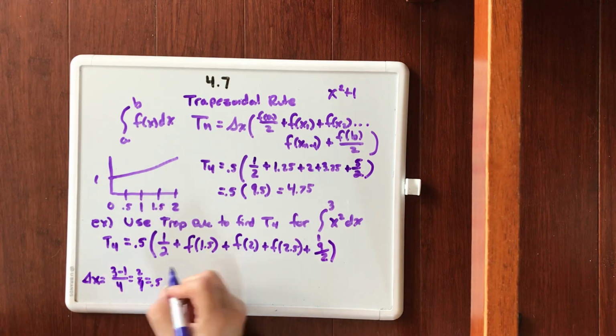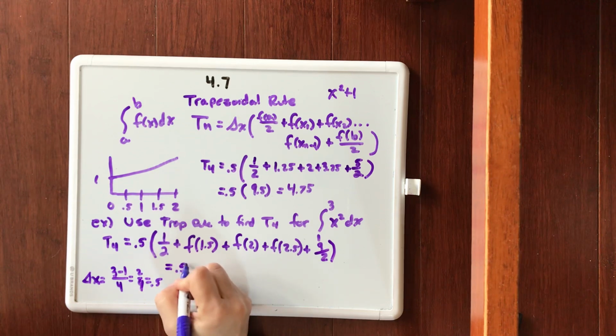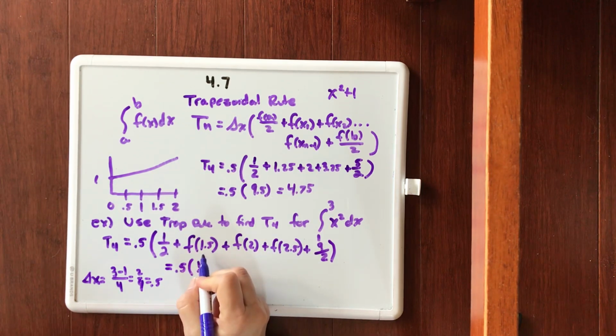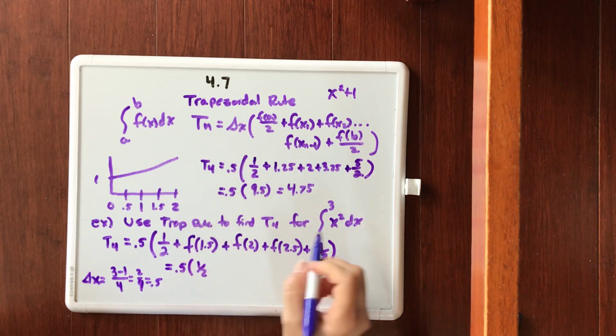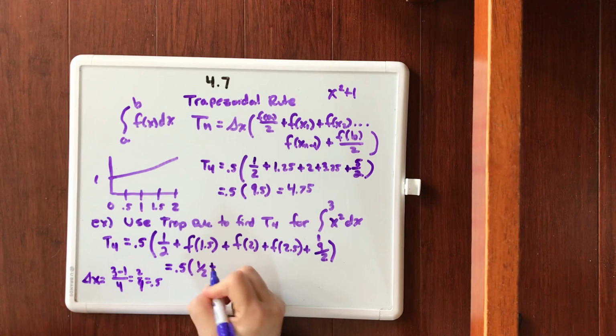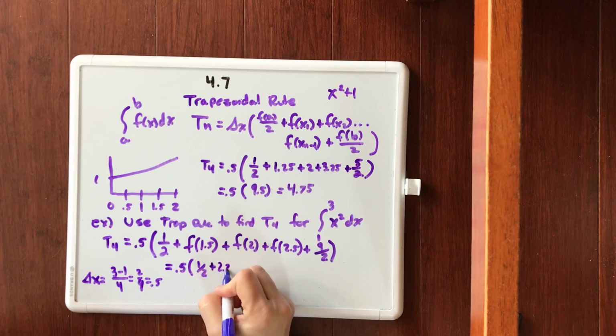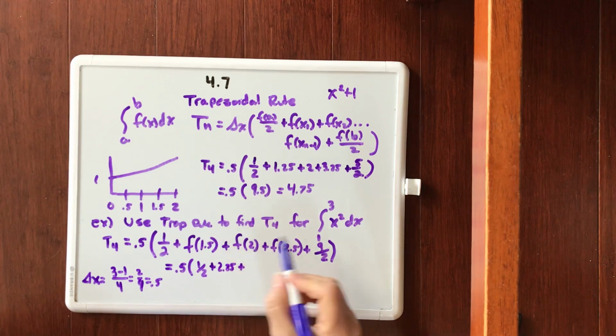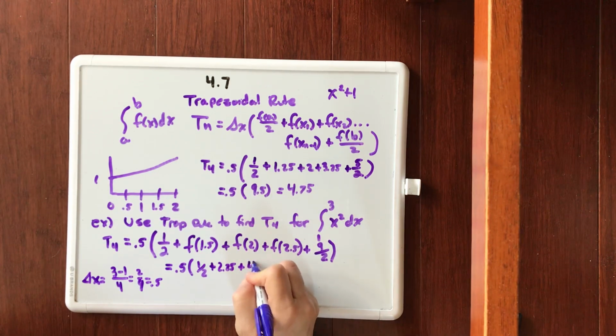Okay? So let's continue with this problem. We have 1/2 f of 1.5. We would put 1.5 in there and square it, and when we do, we get 2.25. F of 2 means we put 2 in there and square it, and we get 4.